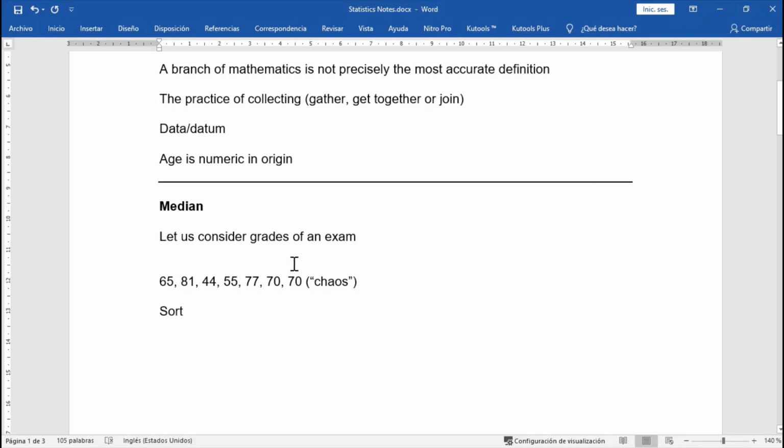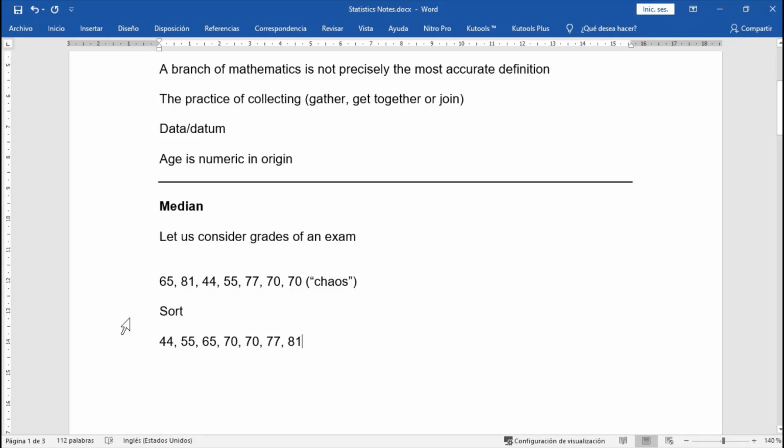Okay, so let's order them. The smallest one is 44. Then we have 55. Then we have 65. Then we have 70. Then we have 70. Then we have 77. And finally, we have 81.